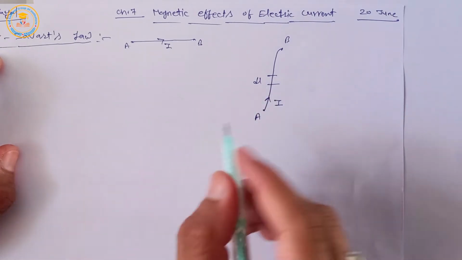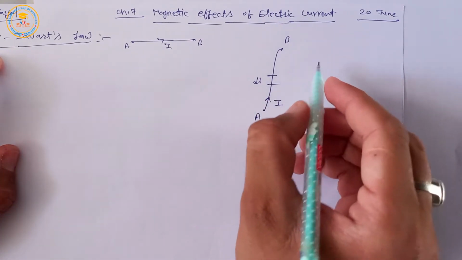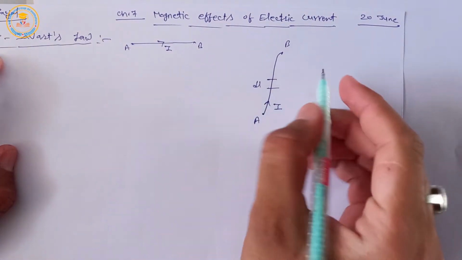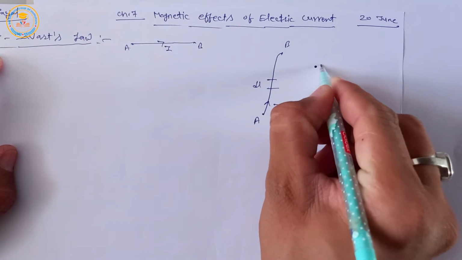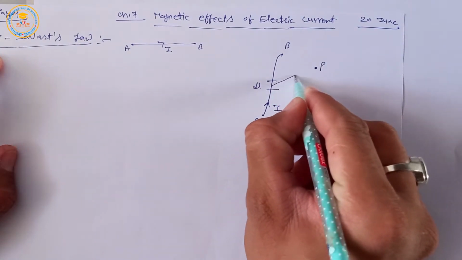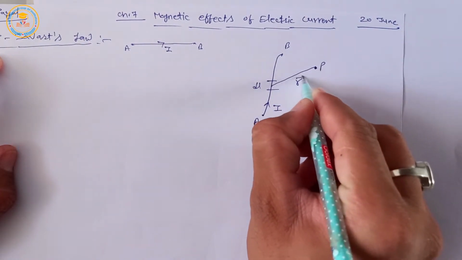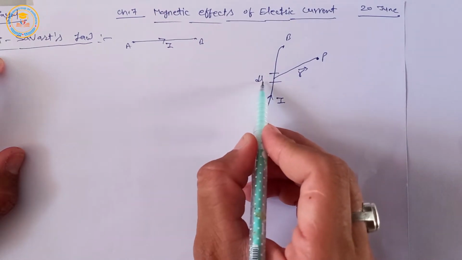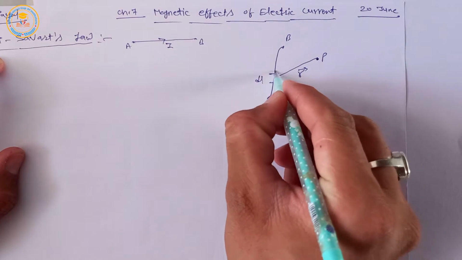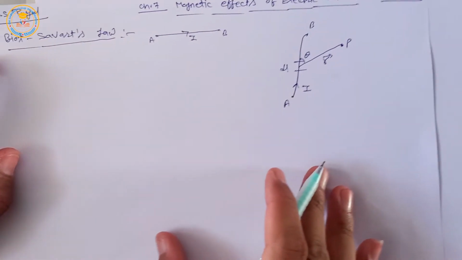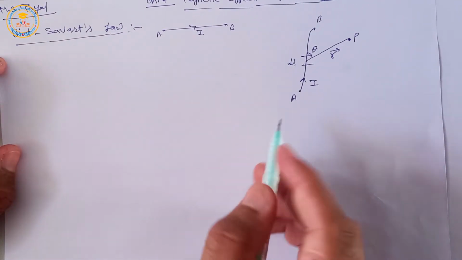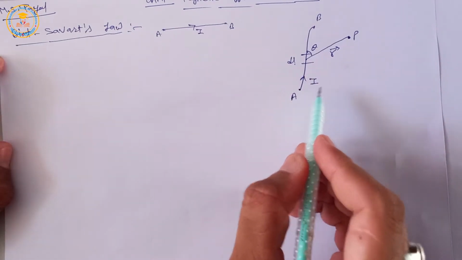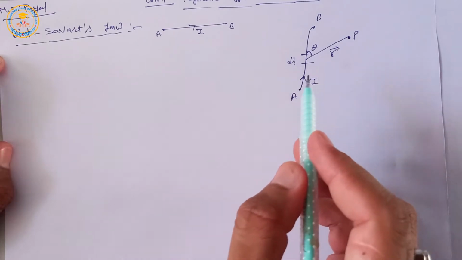A point P is located at distance r from this small element dl, and the angle between the direction of dl and the r vector is theta. Then, if current flows through this wire, a magnetic field is produced around it.